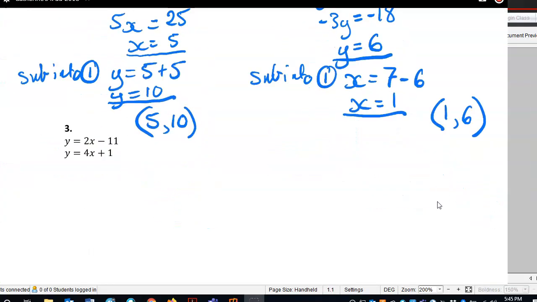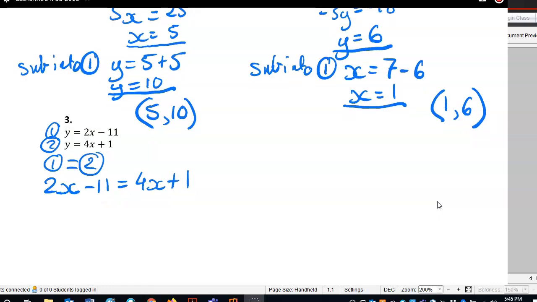Okay, this third one I can obviously sub equation 1 into equation 2 like we've been doing before. But basically, because equation 1 is equal to equation 2, because they're both equal to y, it just means I'm going to write 2x minus 11 equals 4x plus 1.